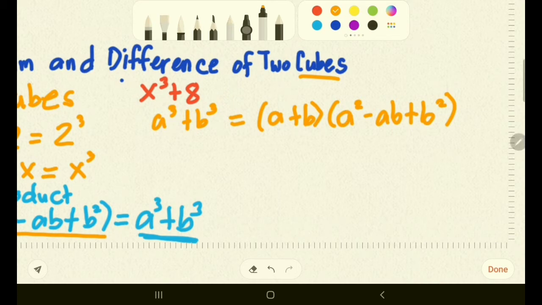Again, a perfect cube is a number that can be expressed to the power of 3, so the base is a. In short, it's the cube root.